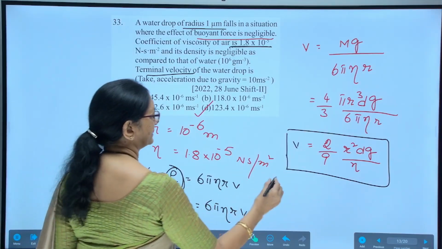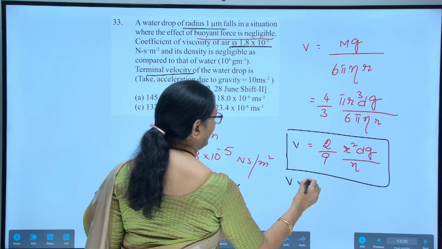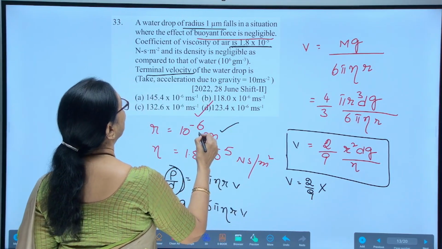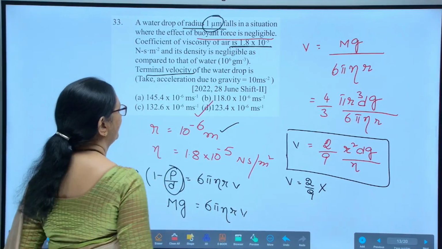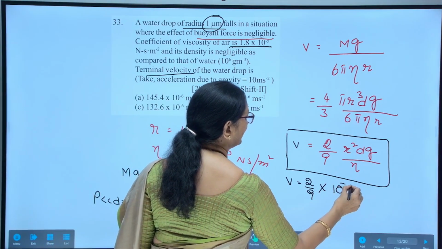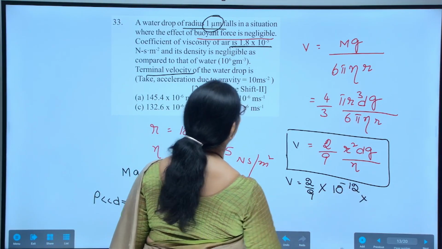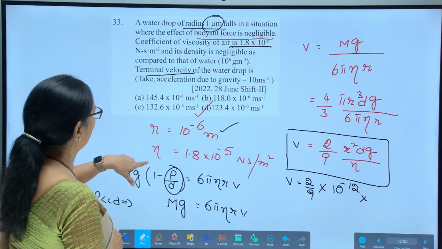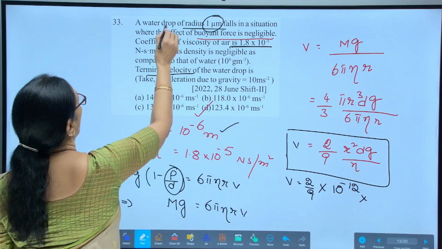So, just to substitute the data. It is 2 by 9. Radius of the drop is given as 1 micrometer. Micrometer is 10 to the power of minus 6, so r square becomes 10 to the power of minus 12. And density is given as, what is the density? It is a water drop.